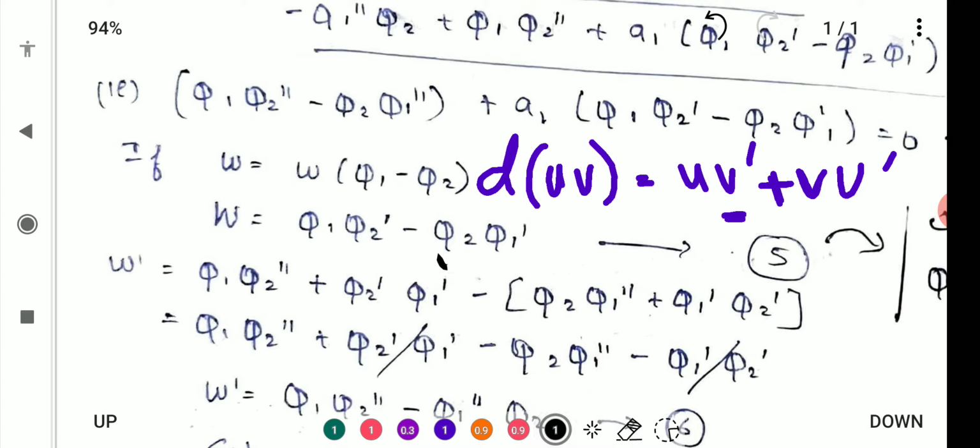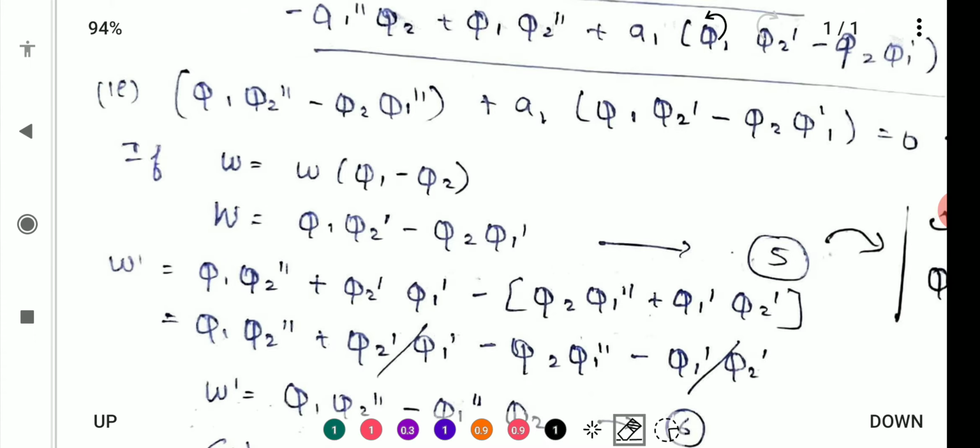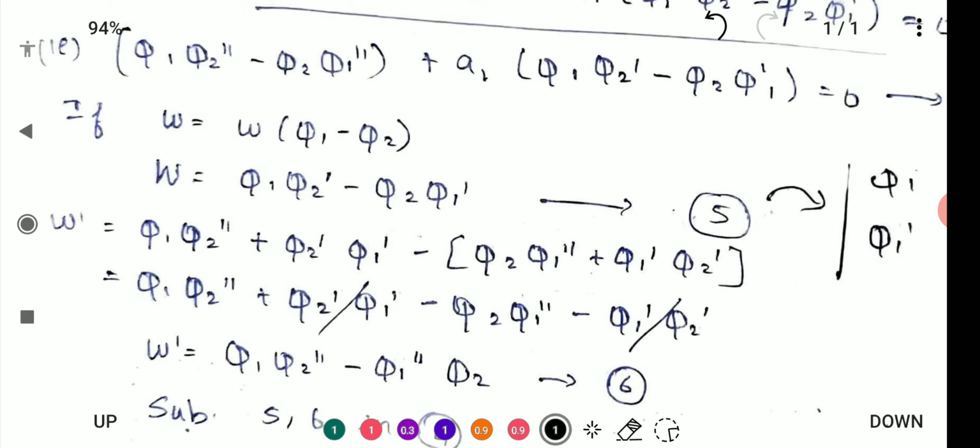I keep this as u and this as v, then u v dash plus v u dash, where u dash means phi2 dash. I have written it like this, and in the next step I am going to bring this minus symbol to both the terms.